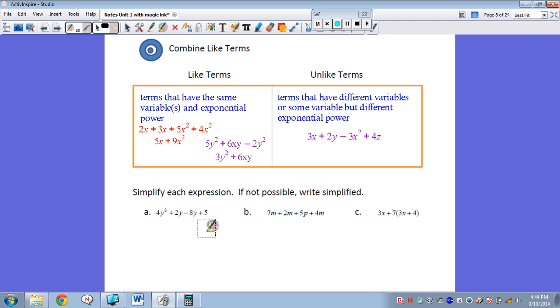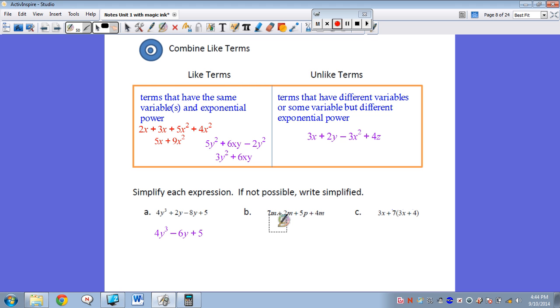But 2y and negative 8y both have an exponent of 1. Okay, so since these have the same like terms, you can combine those together. So you're left with 4y cubed, 2y minus 8y is negative 6y plus 5. Nothing else can be combined because they don't all have the same variable and same exponent.